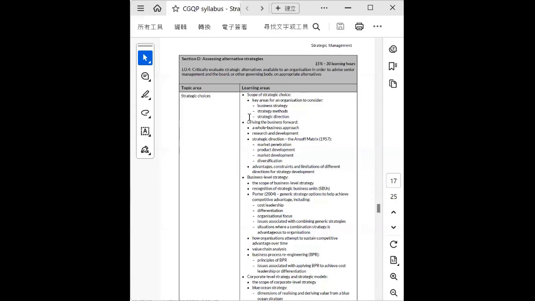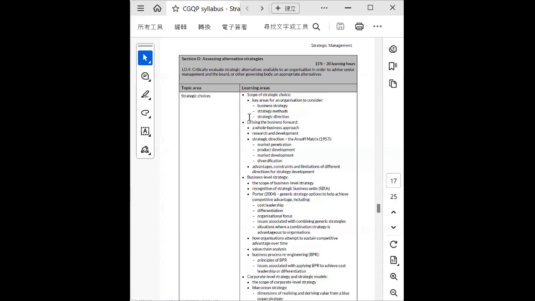Market penetration basically means to increase the market share. Well, you can use different methods like, say, competitive pricing, advertising, sales promotion. So these are some of the standard strategies to enable you to penetrate the market.